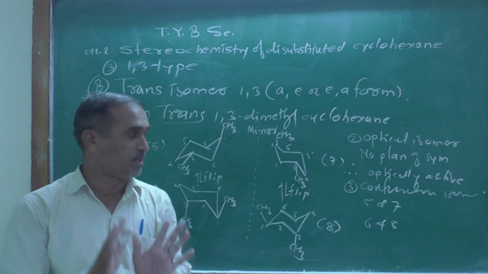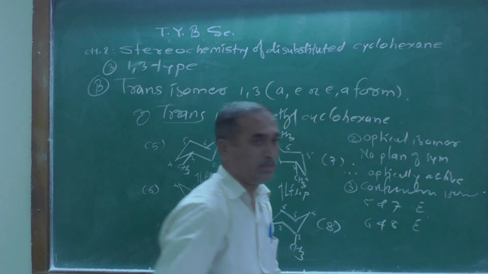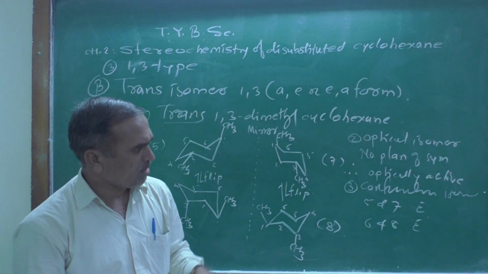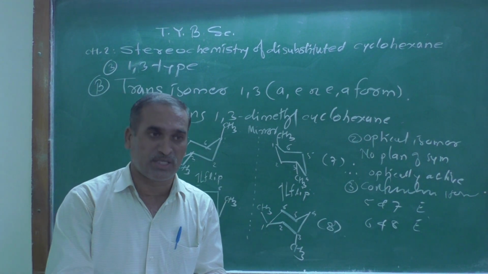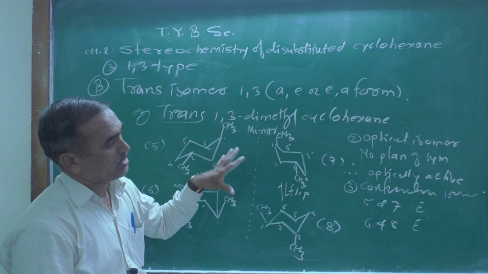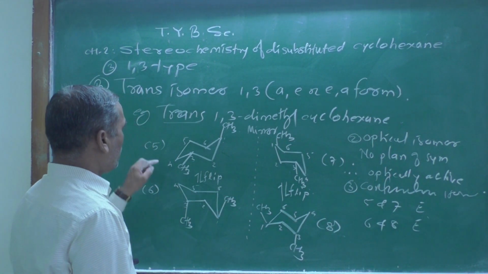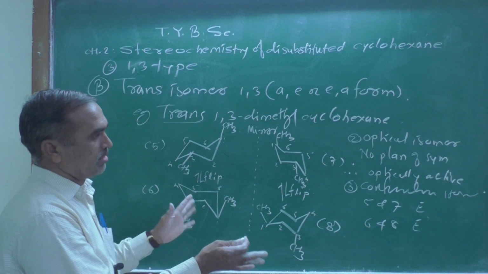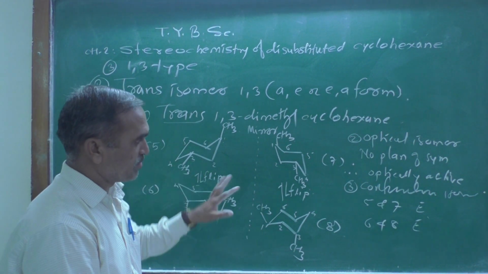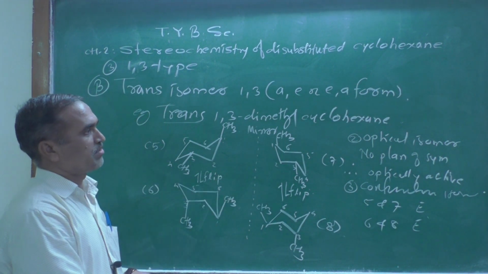The relationship between them is that they are enantiomers. Enantiomers means non-superimposable mirror images of each other, and therefore that type of conformation is known as enantiomers. Now if you look at this and this, they are identical. There are no diastereomers present over there. All are enantiomers, so these are the different structures.